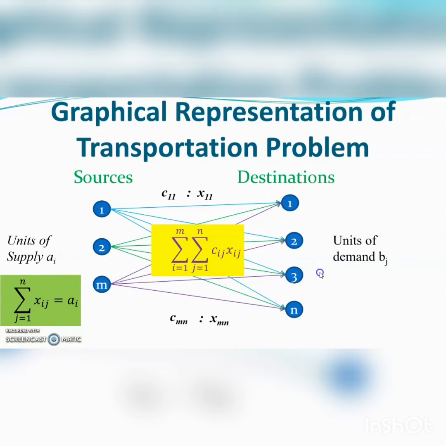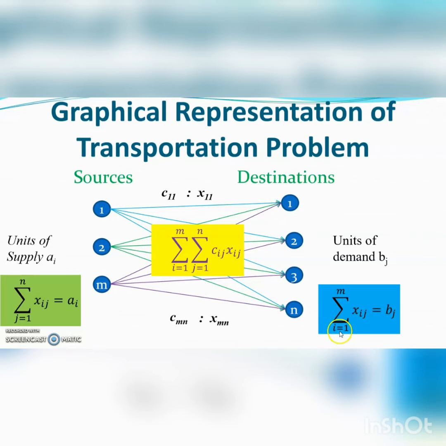And also, summation Xij over i is equal to Bj. That is, in the destination Dj, total units delivered from different sources is equal to summation Xij over i.